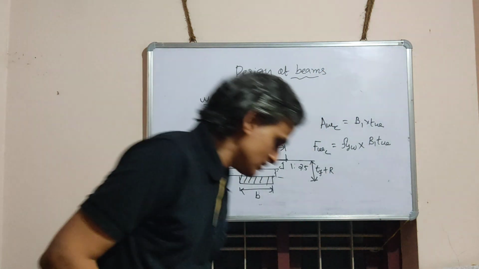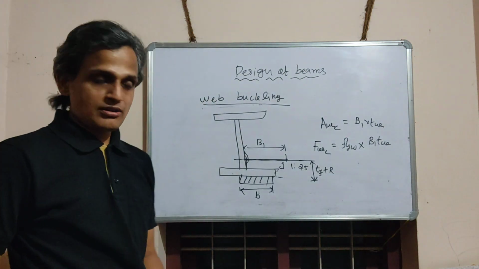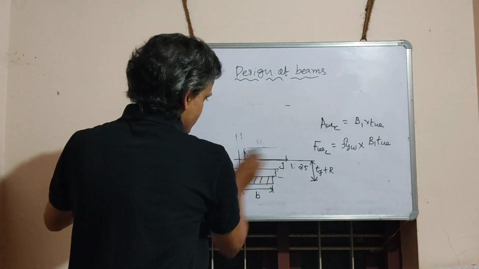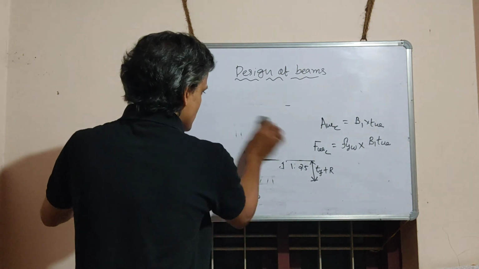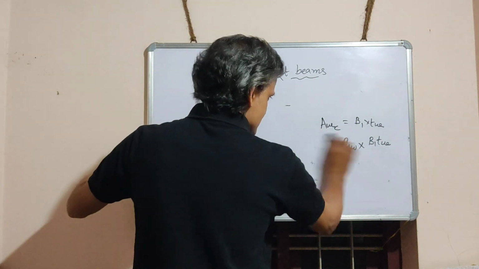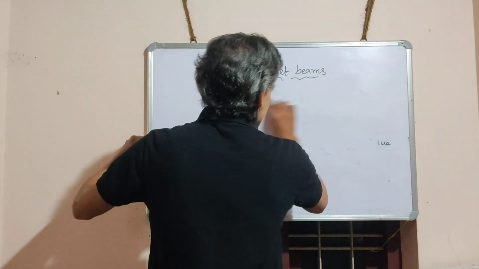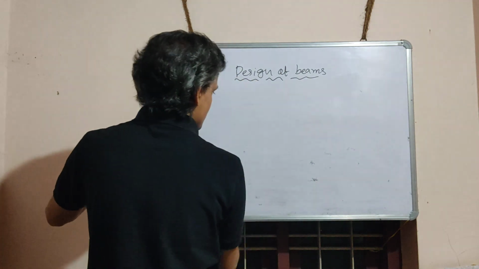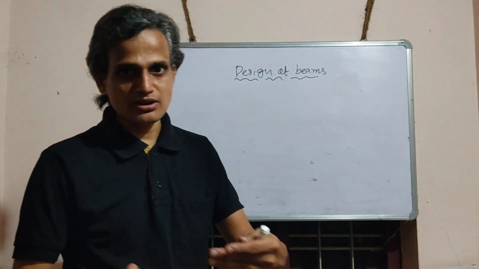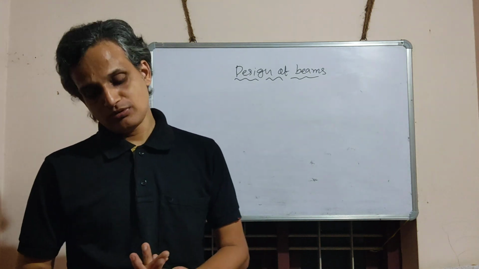These are the five design considerations or failure modes of steel beams. Actually, these are very simple topics. You can easily remember. There is no need for by-hearting those equations, because the logic behind writing these equations, I think it is clear to you.